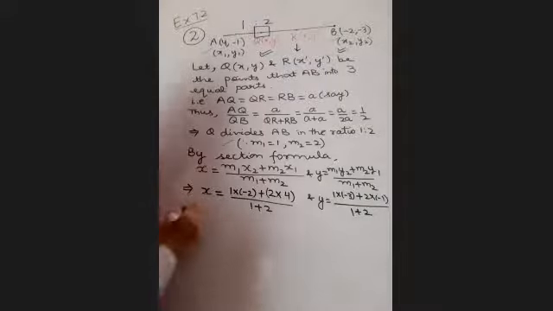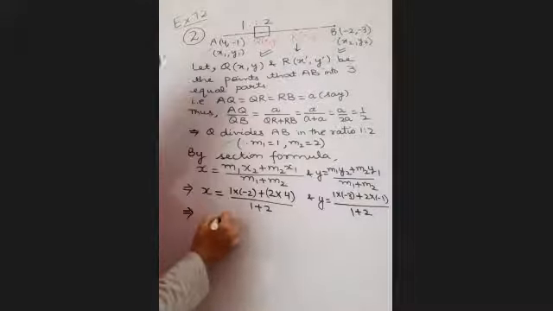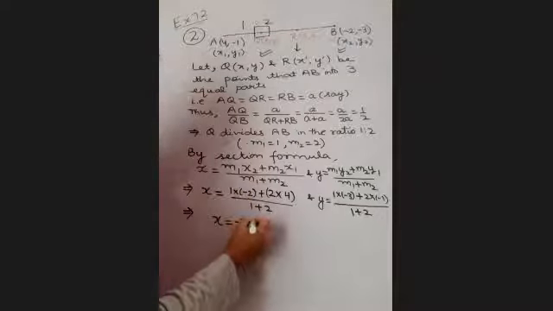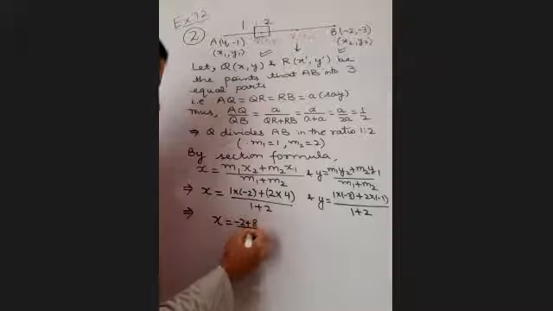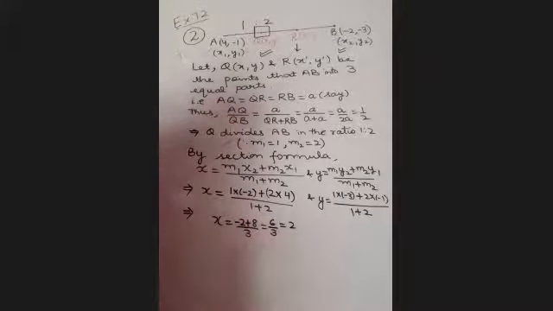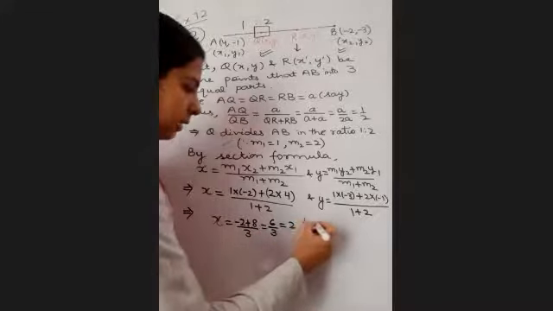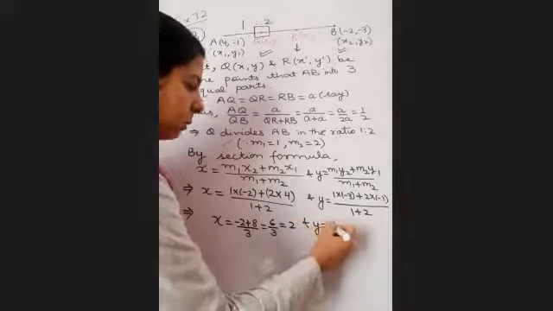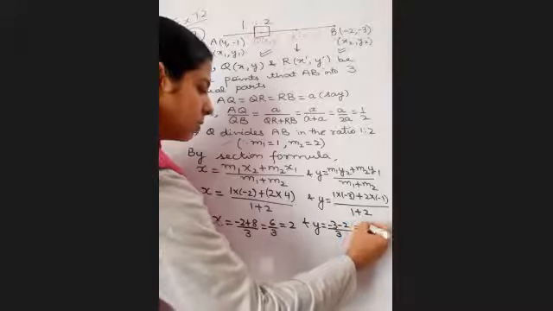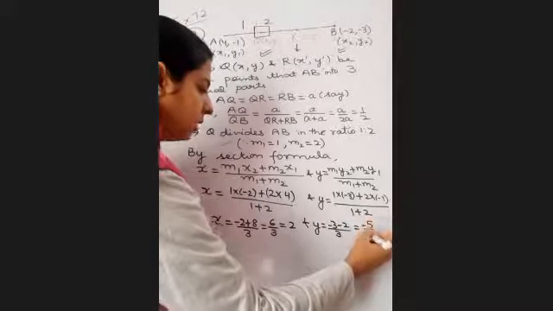So this further gives me x is equal to (-2 plus 8) upon 3, which is 6 upon 3, which is 2, and y is equal to (-3 minus 2) upon 3, which is -5 upon 3.